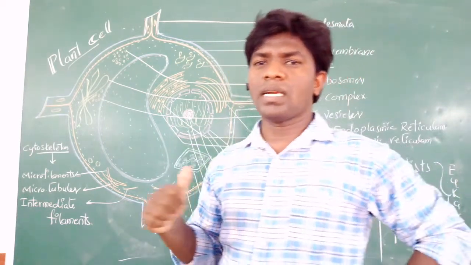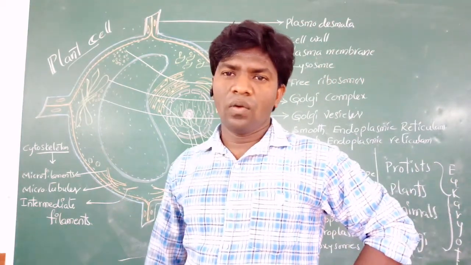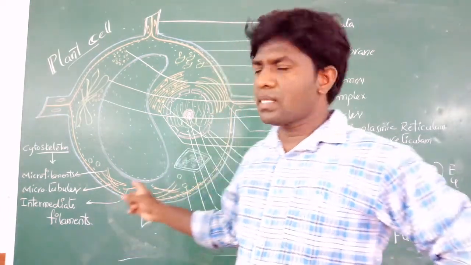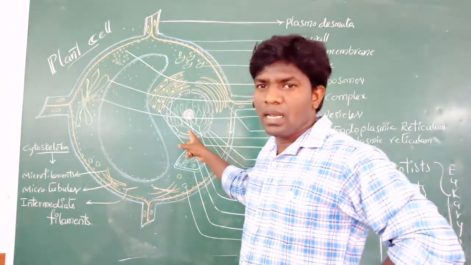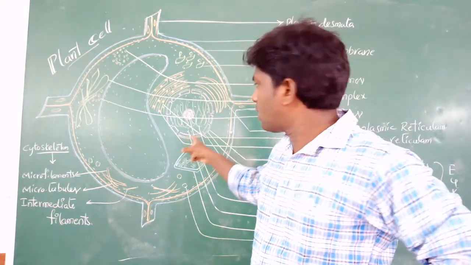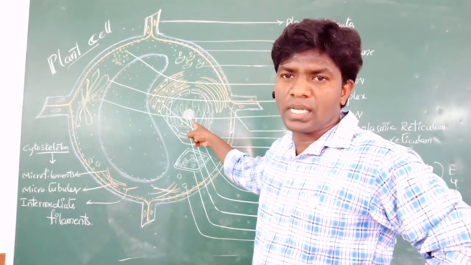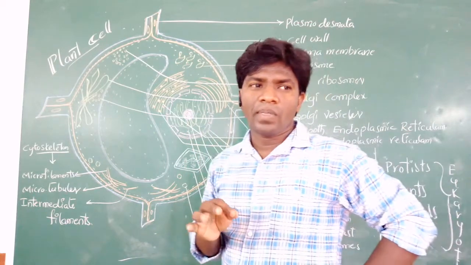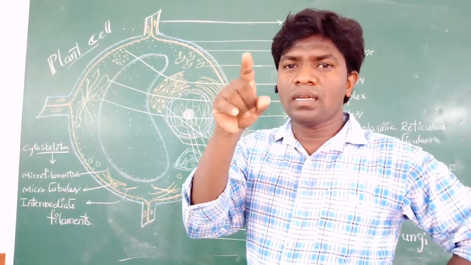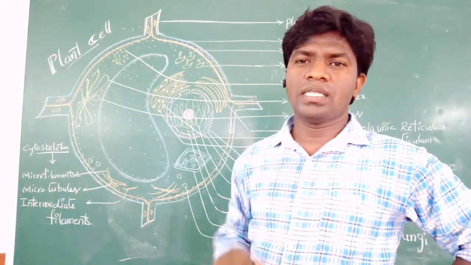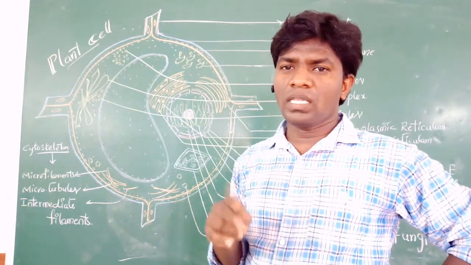In the plant cell, the nucleus is present in the corner of the cell. But in the animal cell, the nucleus is present in the center of the cell.